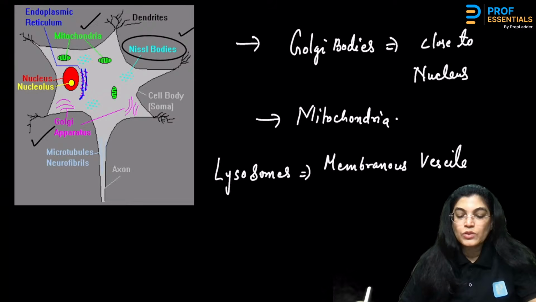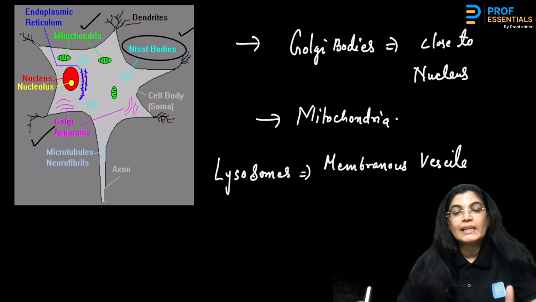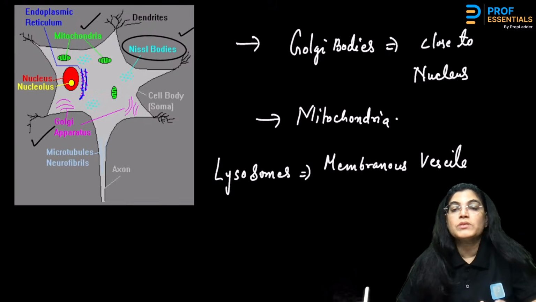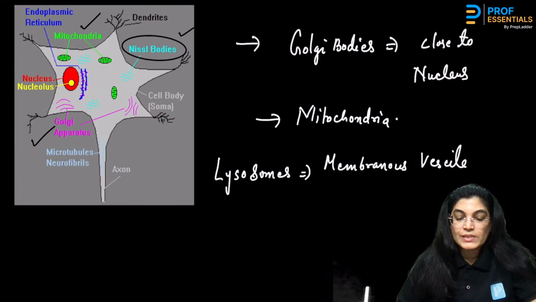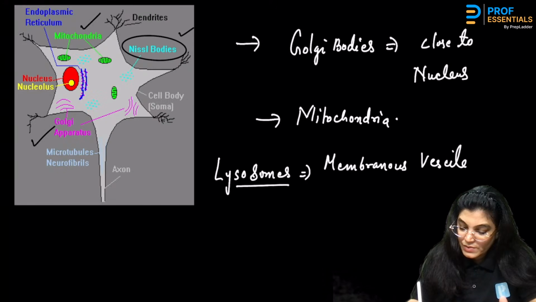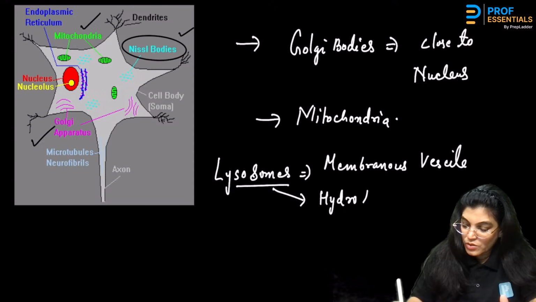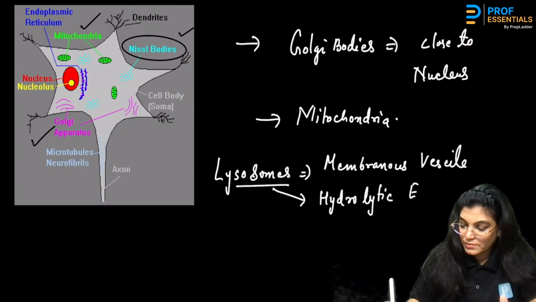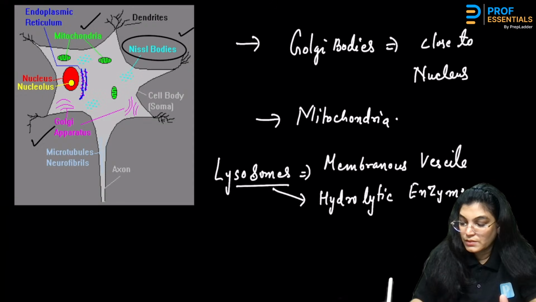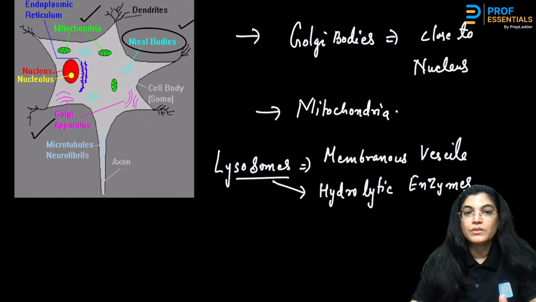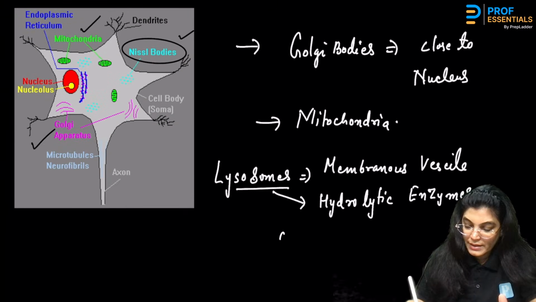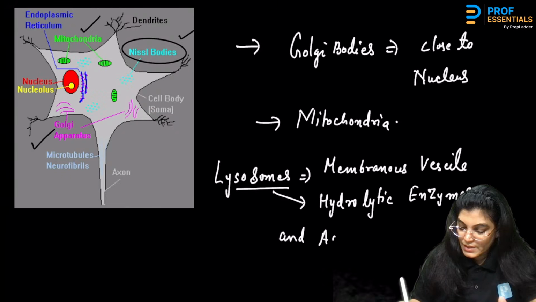They are membrane-bound vesicles which secrete hydrolytic enzymes and acid phosphatase.